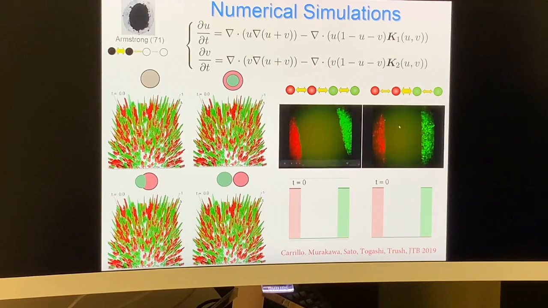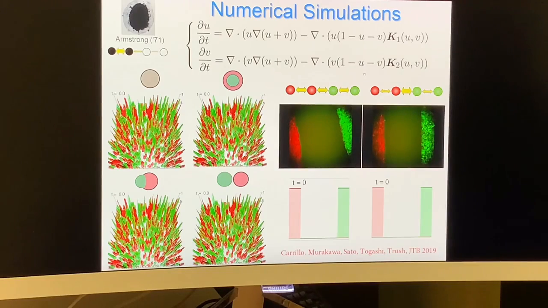Here I'm going to show you an experiment of what is called differential adhesion. The size of the arrows here represents how strong the forces are between the different types of cells. Here essentially the reds and the greens attract each other and themselves with the same strength, while here the red and the green attract each other more strongly than they attract themselves.